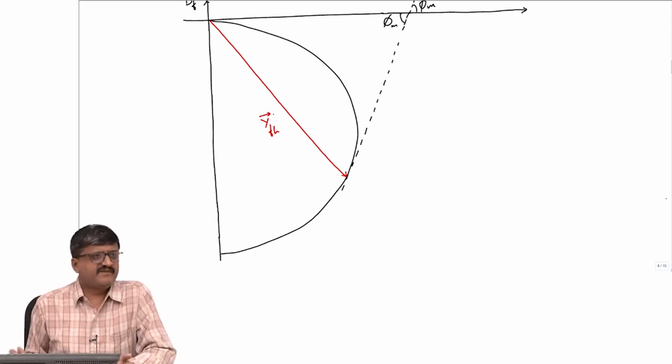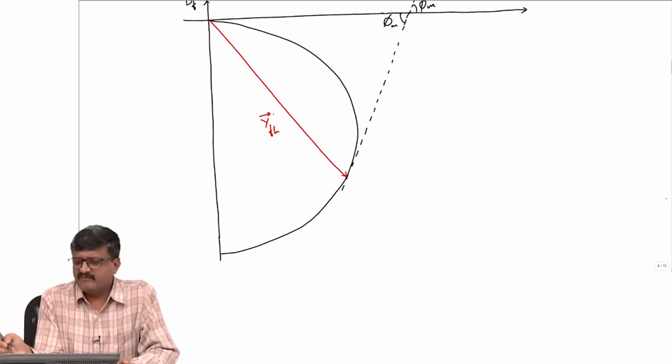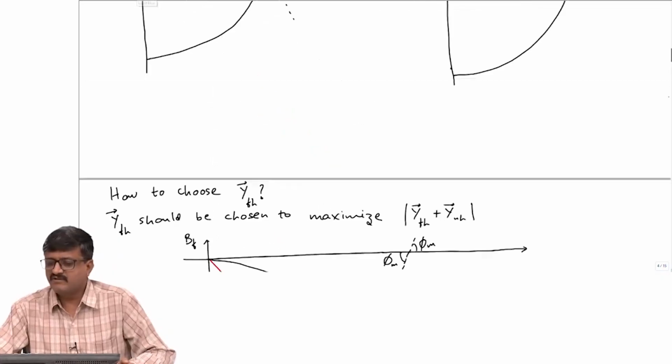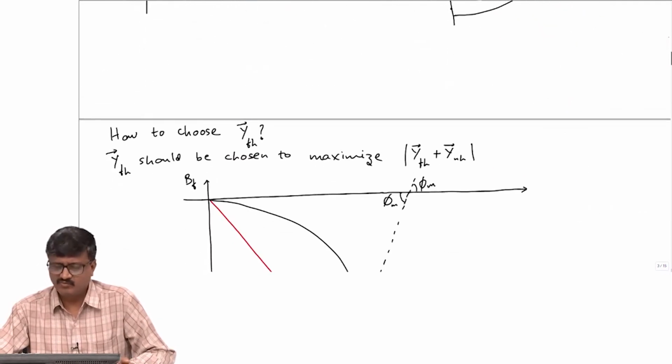Then getting y of h plus y n h is very simple. Drop a perpendicular from the origin to this boundary. I have used blue.